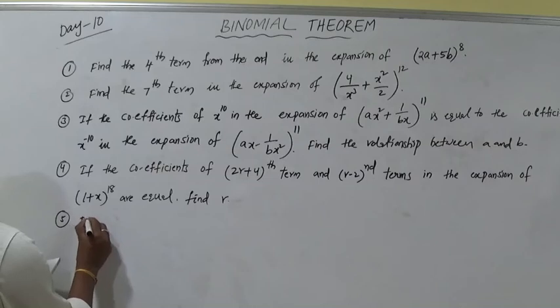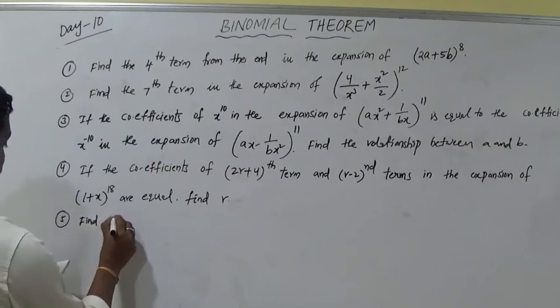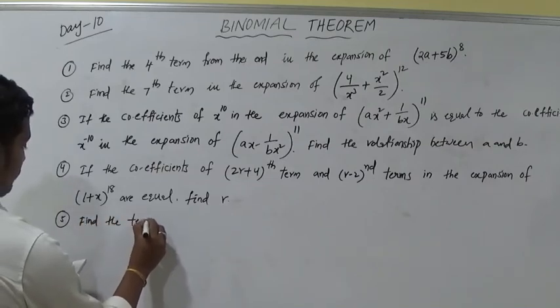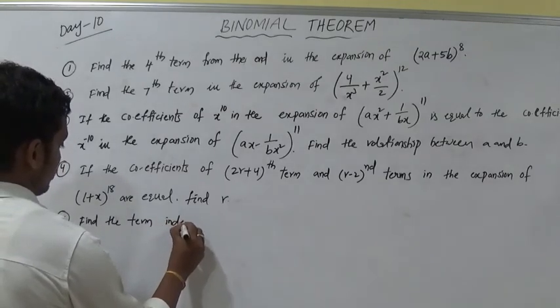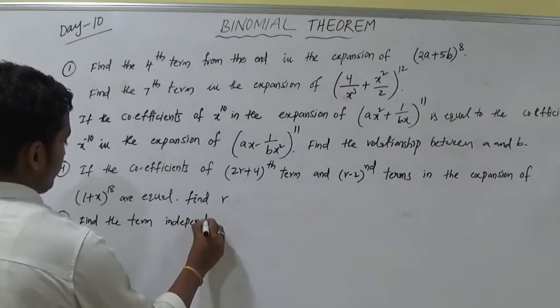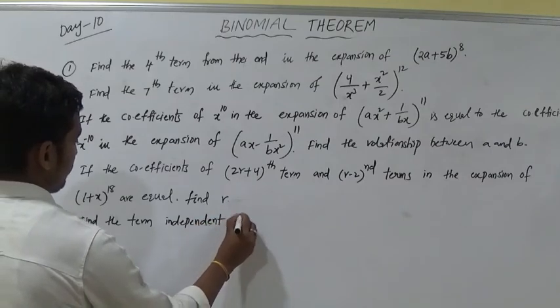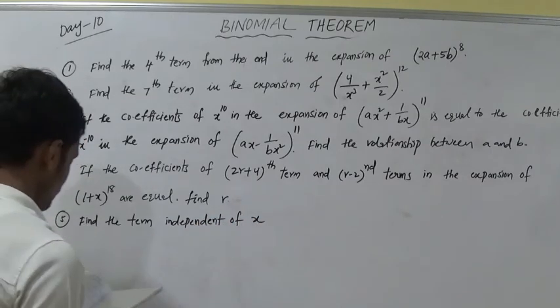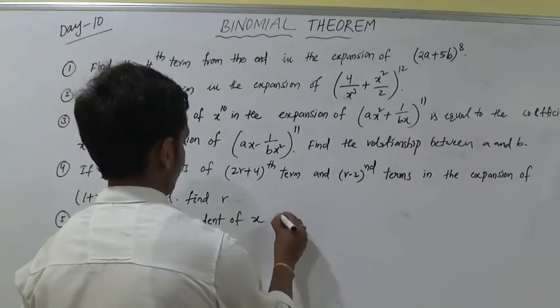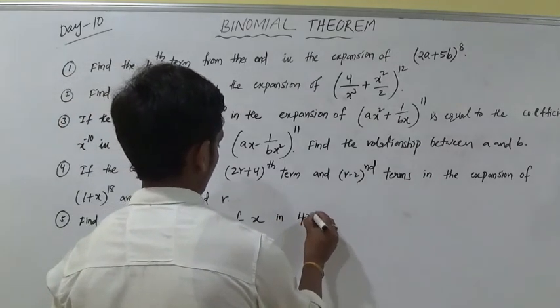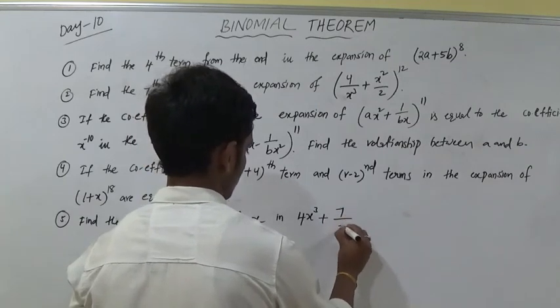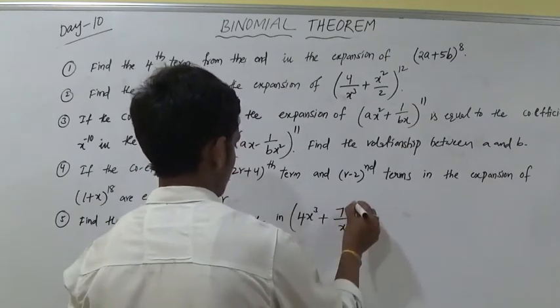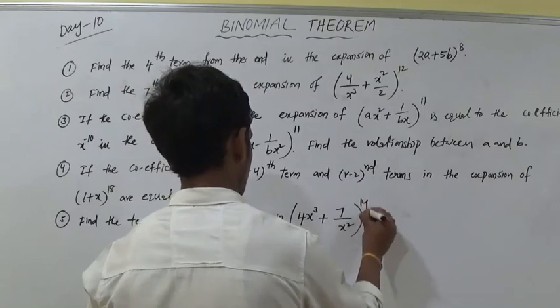Find the term independent of x in (4x cube plus 7 by x square) whole to the power of 14.